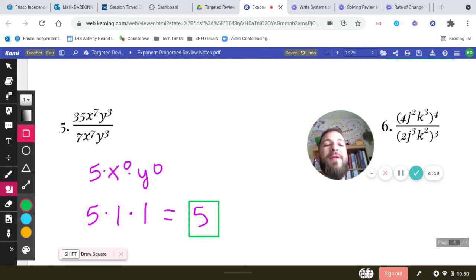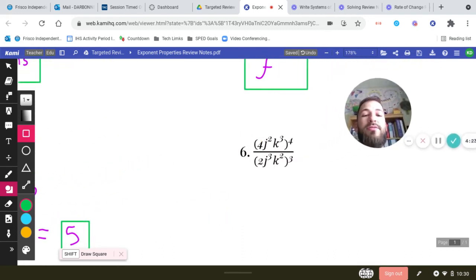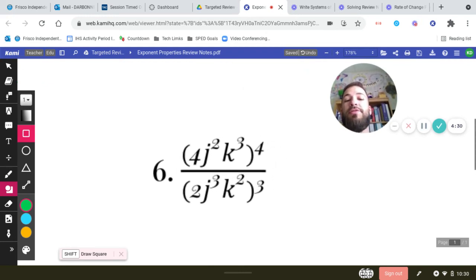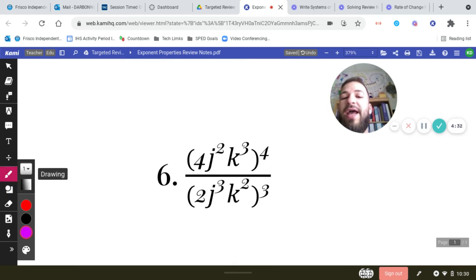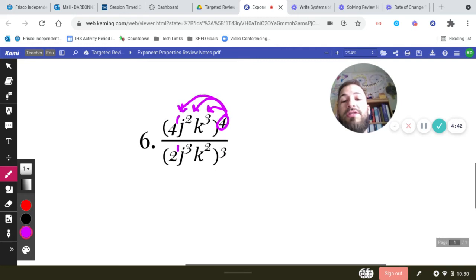Okay, last but not least, and this one's going to combine all of our skills. Okay, so we have numbers on the inside of parentheses being raised to powers. So first and foremost, I have to go in here and add my 1s to my exponents. Then I'm going to distribute my powers onto the inside, and of course when I distribute I multiply. So this becomes 4 to the 1st times 4 is 4 to the 4th.